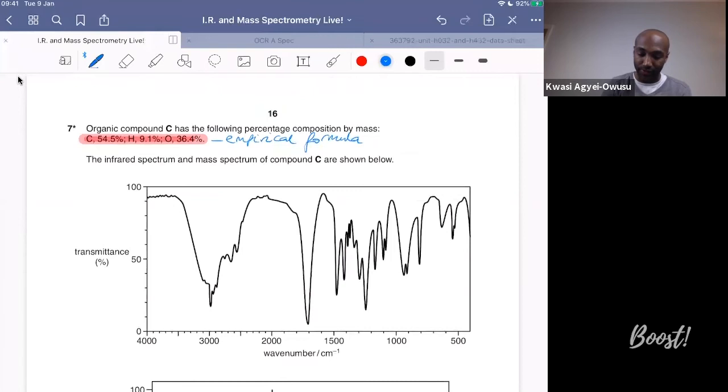We've got this very broad absorption here, which is typical of our carboxylic acid OH group, so we can label that as such. We've also got the CH just tucked underneath, but that's not hugely important as far as determining the structure of this molecule.